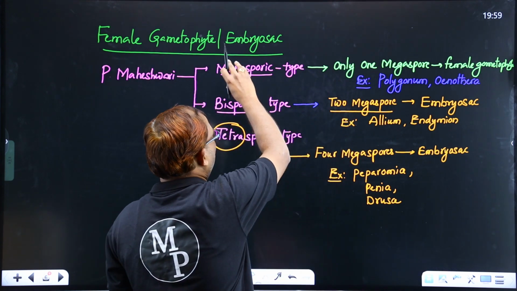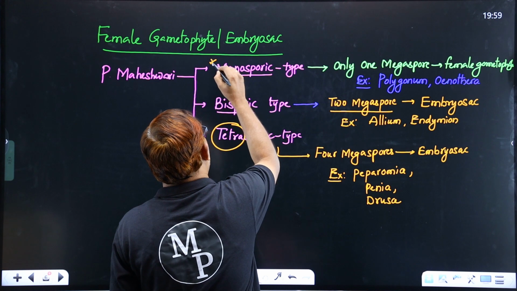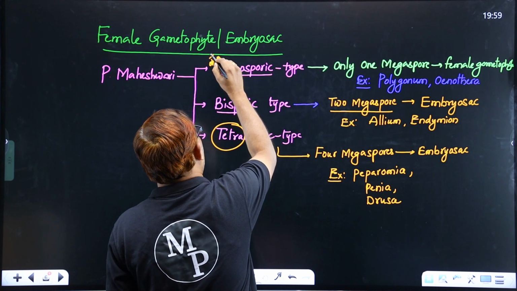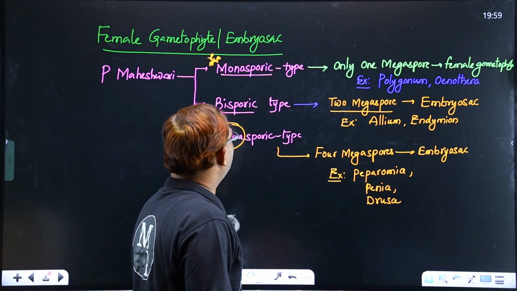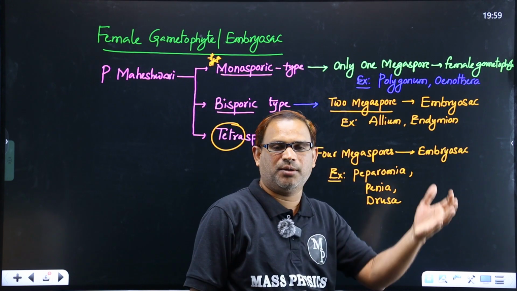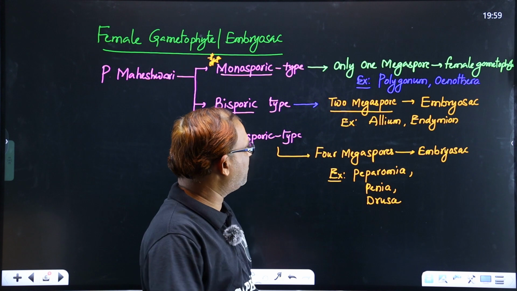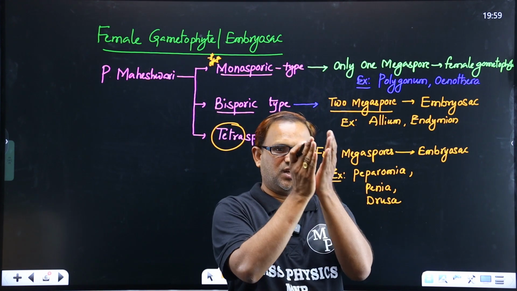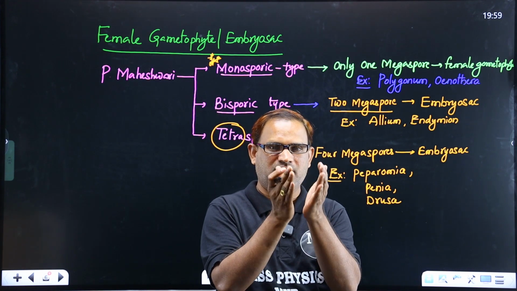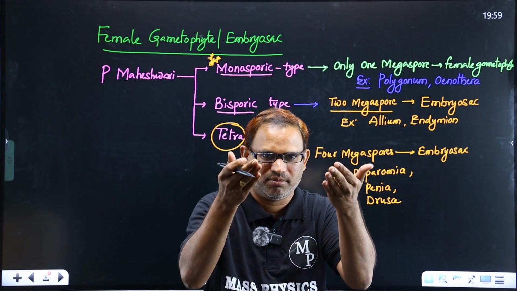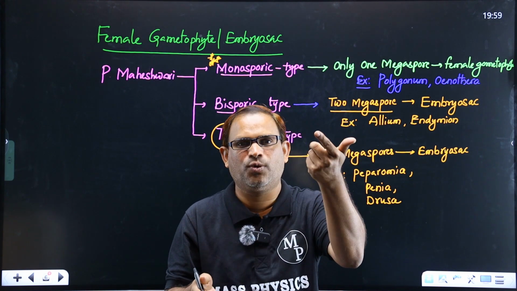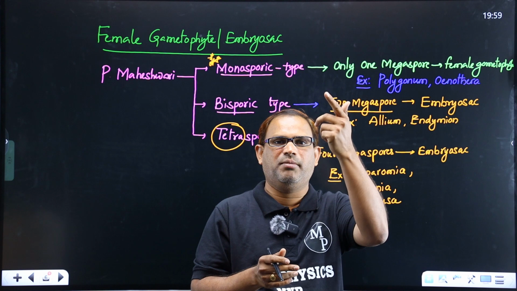Now see all of you, the monosporic type is very important because in our NCERT syllabus only the monosporic, polygonum type of embryo sac is there. What is the meaning? Polygonum type of embryo sac means the formation of the embryo sac from a single megaspore only.